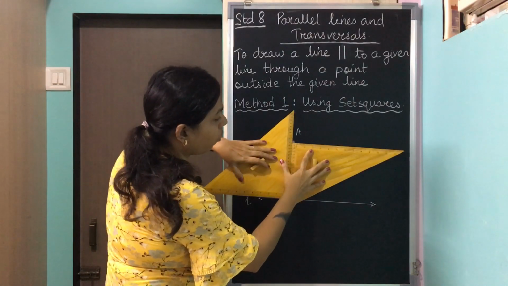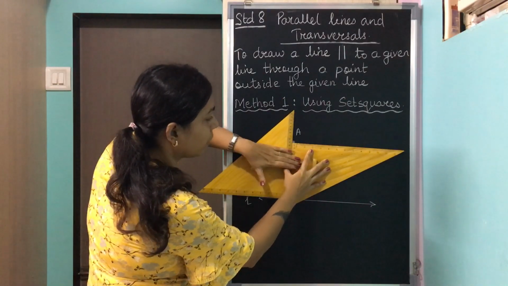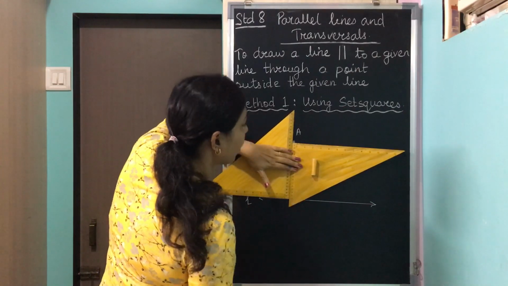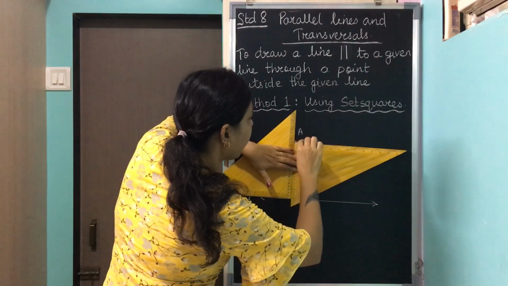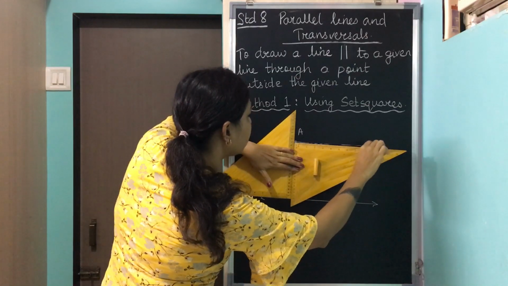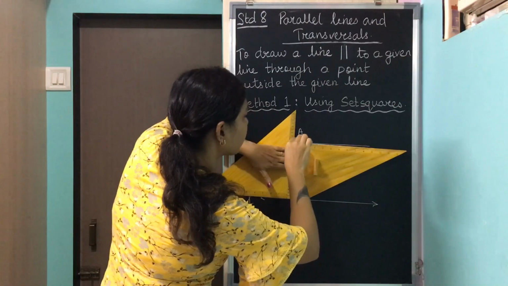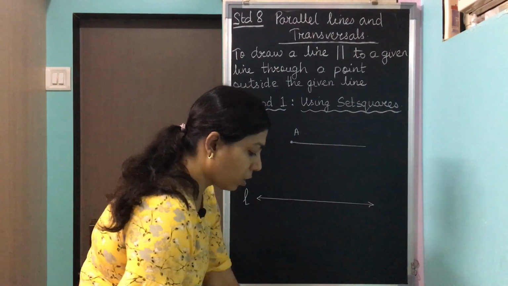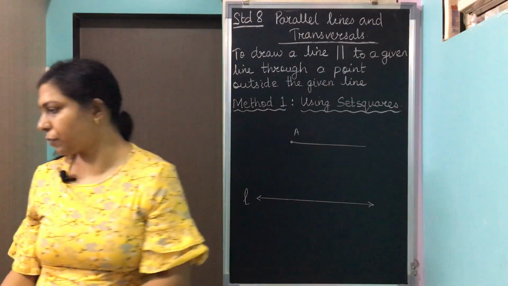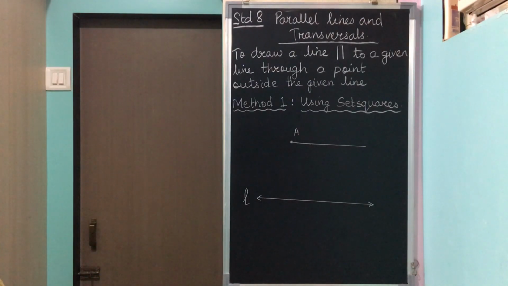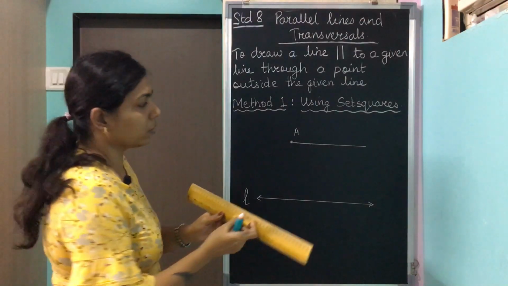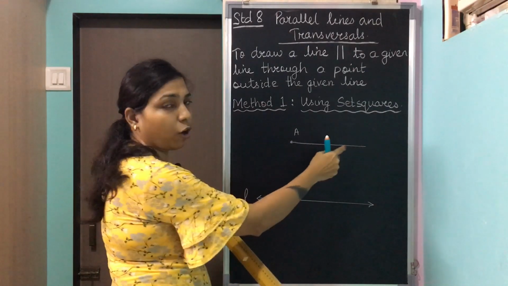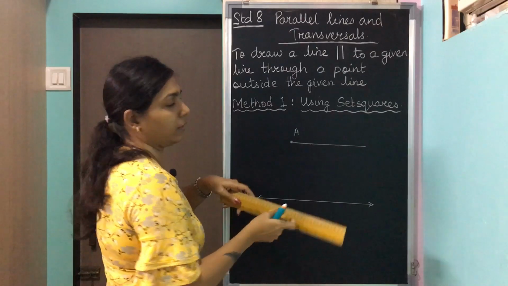Okay? So hold both the set squares tightly in place now without shaking it at all, and you draw your straight line on this set square. Then once you have drawn the line, you can remove both the set squares. Take your ruler and extend this line that you have already got. You just have to extend it on the other side.